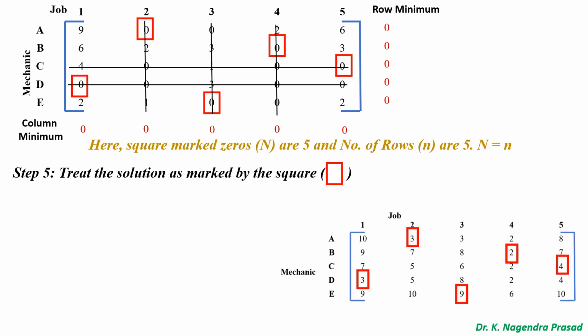Then once again we observe the given cost matrix. In the same respective positions we mark a square on the given cost matrix.